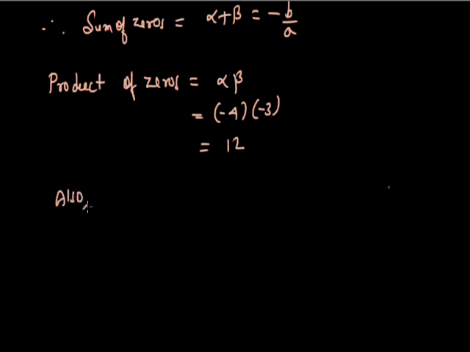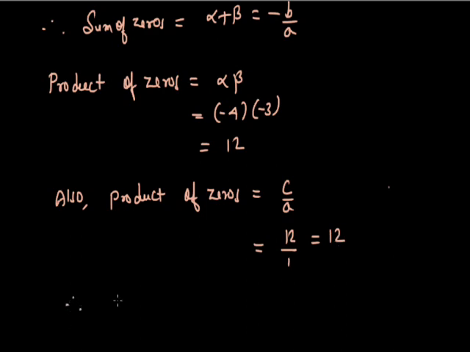Also product of zeros is equal to c/a, constant term upon coefficient of x². Here the constant term is 12 and coefficient of x² is 1. So product of zeros is 12. Therefore product of zeros, αβ, is equal to c/a. So we have verified the relationship between the zeros and the coefficients of the quadratic polynomial.